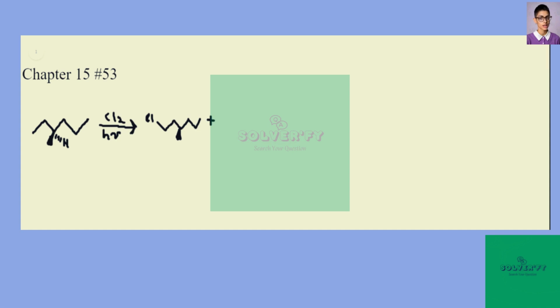Next, the chlorine could add to the next carbon, and it can add from one of two directions, right? It can add like this, so it'll be cis to the methyl group, or it can add so that it is trans to the methyl group. So we can have these diastereomers there.